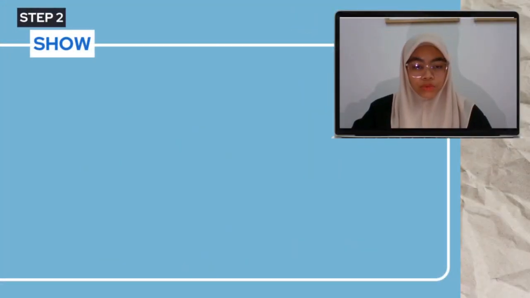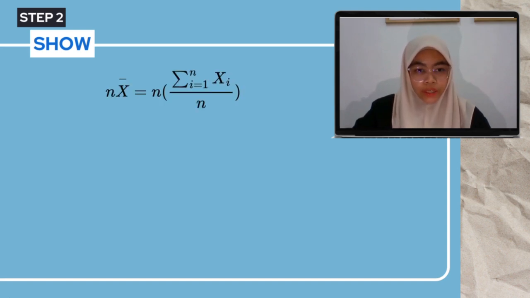Next, step 2, which is only an additional step. We substitute x bar, which equals the summation of xi over n, into n multiplied by x bar. Then we get n times the summation of xi divided by n, and the two n's cancel, and then we get the summation of xi.